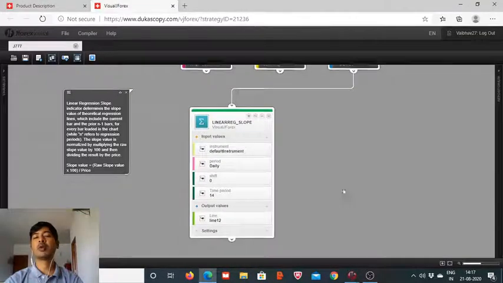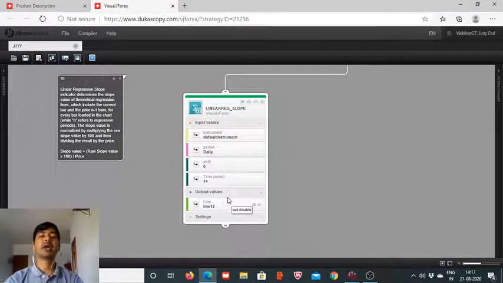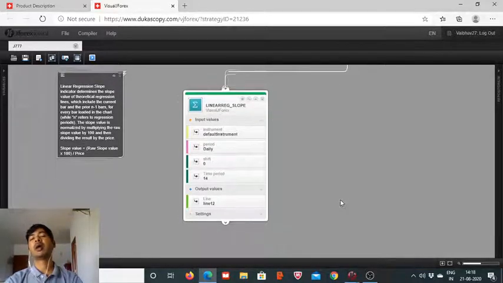And then coming to the output value, we get this output value which can be used to compare. We can compare the current value to the value with a different look back period, say 10 days back. If we use the look back period of 10 in a different indicator block with the same parameters, just that the shift value will be different, then we can compare these two output values, and we will be able to determine if the linear regression slope is rising or falling, whether the values are below zero or above zero, and so on.